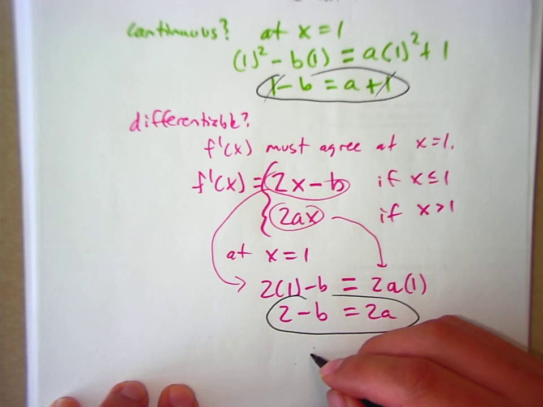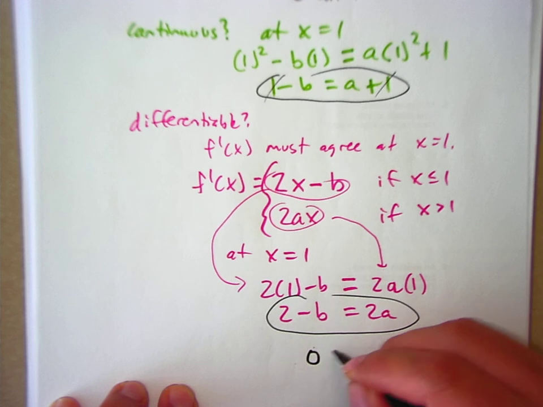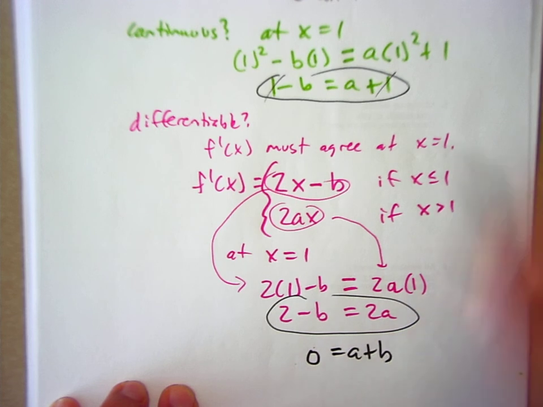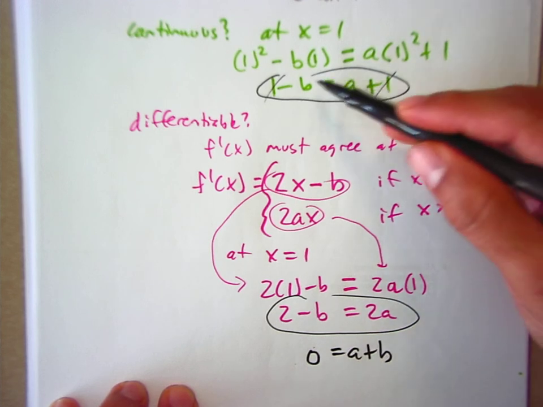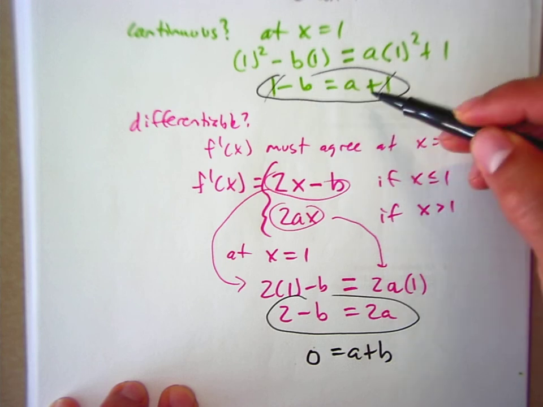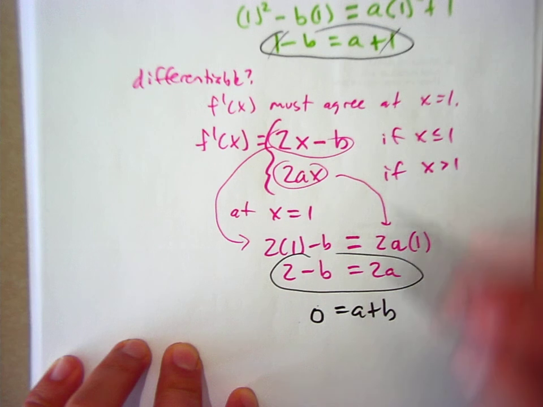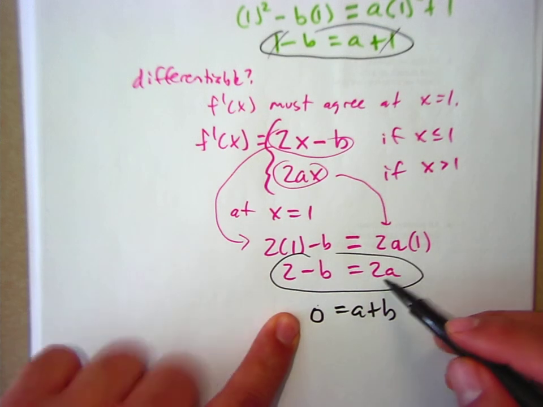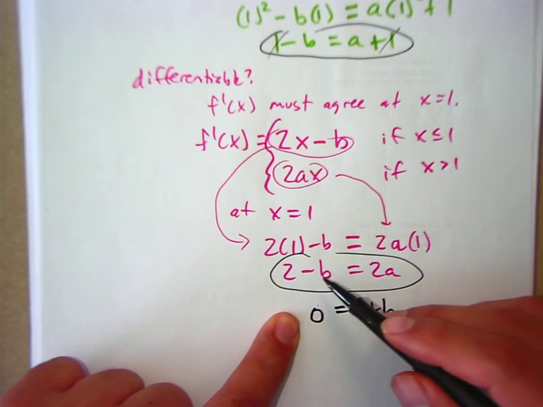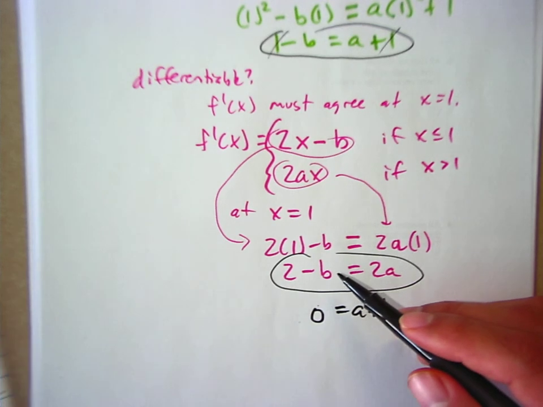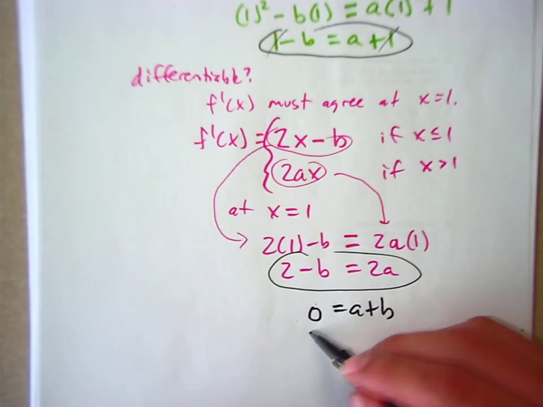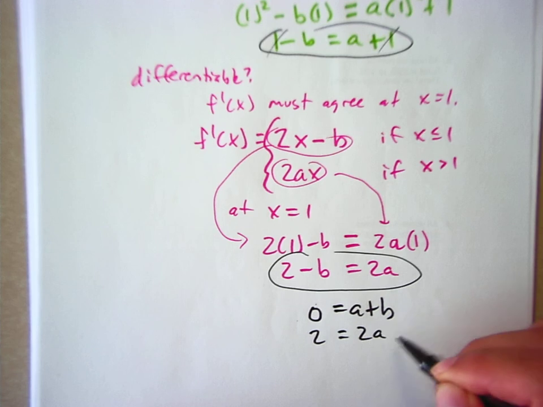And so my first equation is going to be 0 equals a plus b, right? So I'm just moving the negative b to the other side, canceling out the 1's. So here's my first equation. My second equation, I'm just going to add the b over as well. So I get 2 equals 2a plus b.